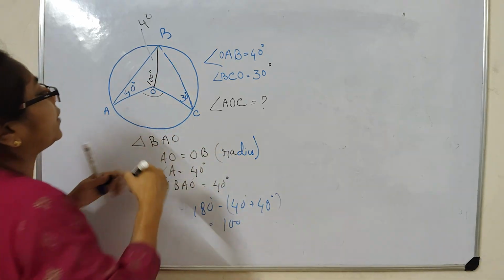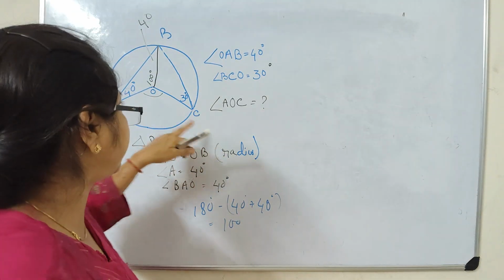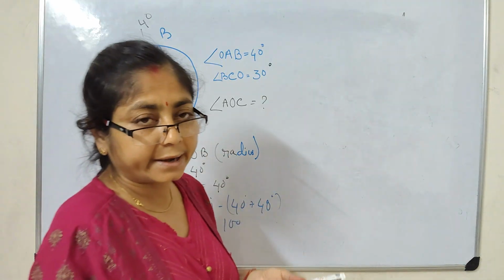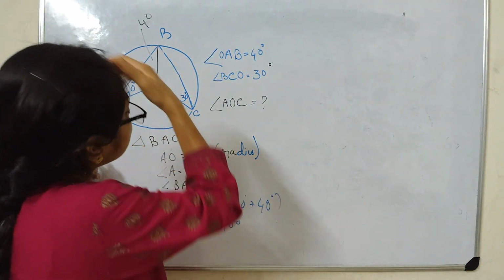In the same way, if it is 30 degrees, OC is equal to OB, the same radius. So this is an isosceles triangle.